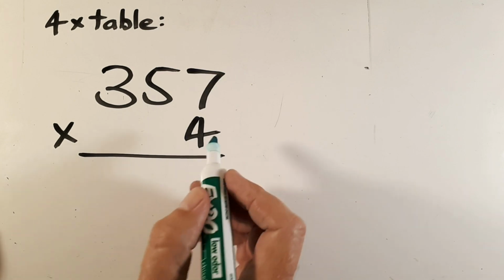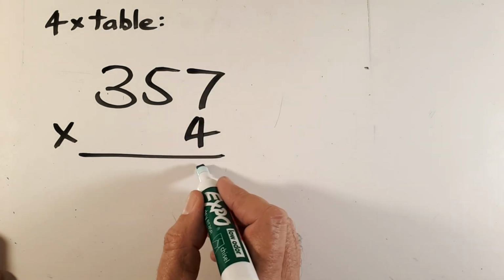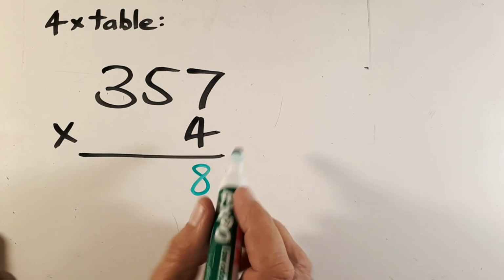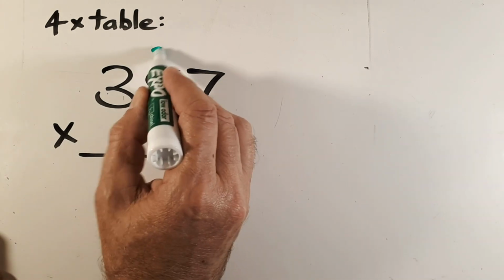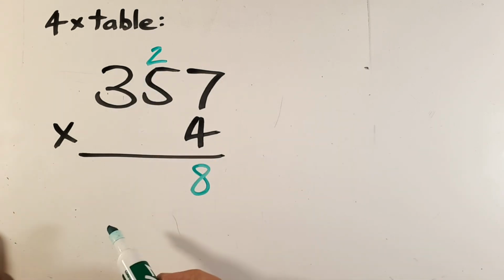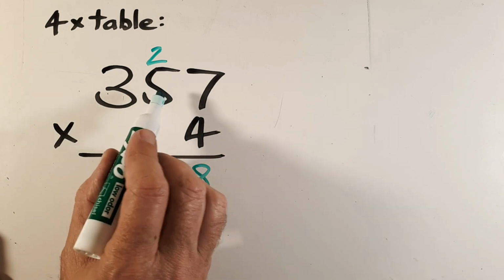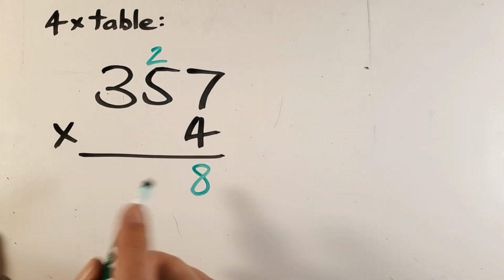So for example, I know 4 times 7 is 28, so I put my 8 down there. Here's the important bit to remember: carry the 20 or the 2 tens up above those other 5 tens there. I know what 4 times 5 is, that's 20. Then I add that 2, that's the important bit.